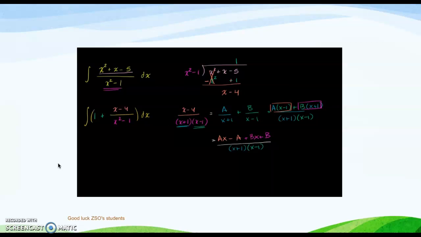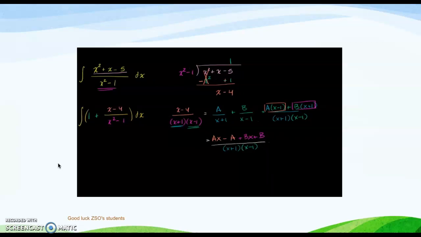Now we can group the x terms, so we can rewrite this as: Ax plus Bx is A plus B times x, and then we have a negative A, and so plus B minus A. I'll put parentheses around that so I group these constant terms, and then all of that is going to be divided by x plus 1 times x minus 1.